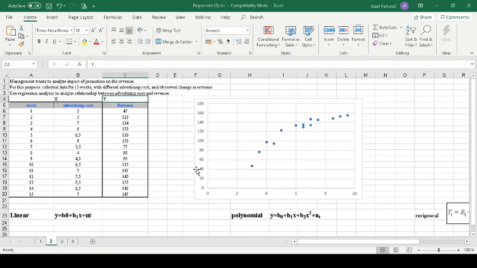This video will show you how to perform nonlinear regression, or how to estimate a nonlinear function in Excel.